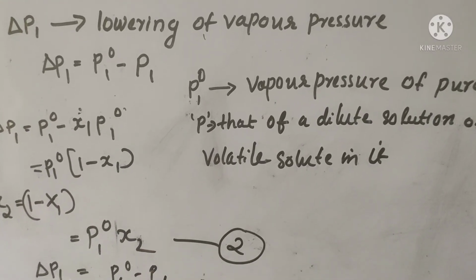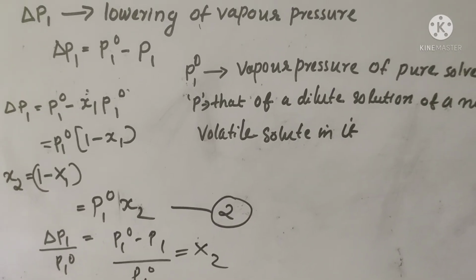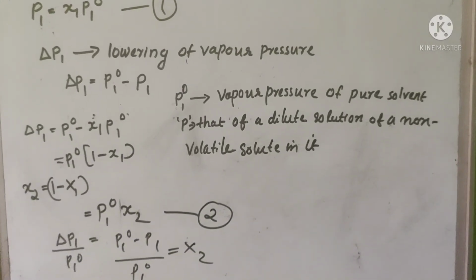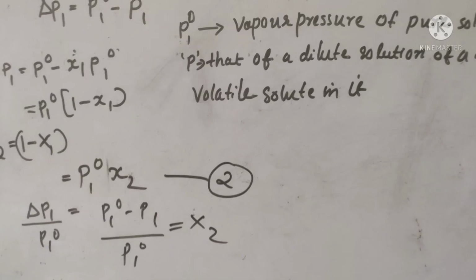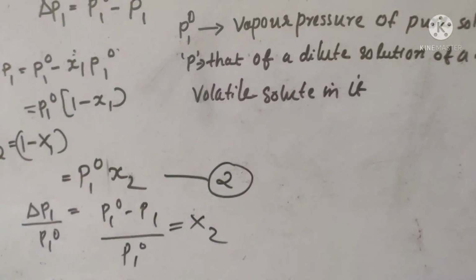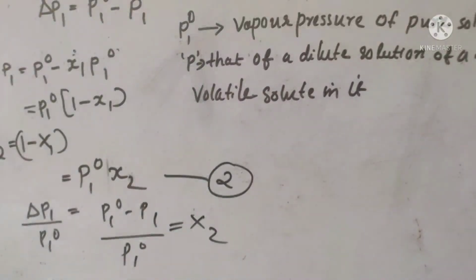Therefore, we get delta P1 equals P1° x2. If a solution contains several non-volatile solutes, the lowering of the vapor pressure depends on the sum of the mole fractions of different solutes. Then equation 2 can be written as delta P1 by P1° equals (P1° minus P1) divided by P1°, which is equal to x2.